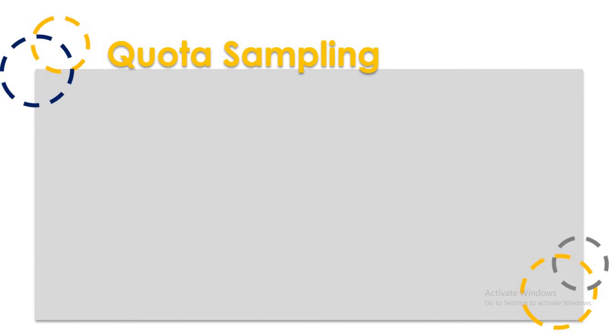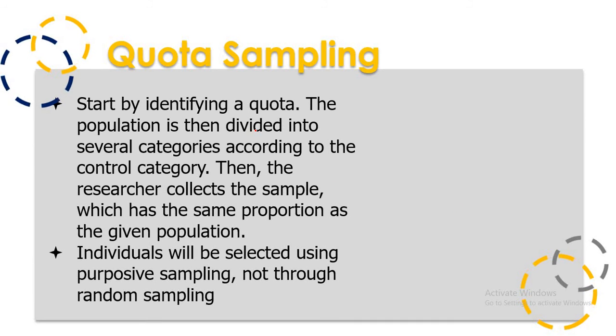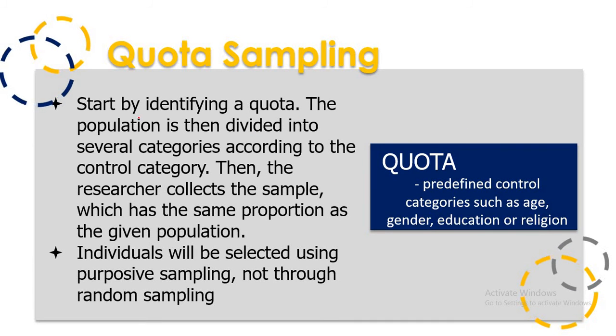Then we also have quota sampling. This is similar to cluster sampling, but take note that we call the groups quotas. We start by identifying a quota or a group. The population is then divided into several categories according to the control category. Then the researcher collects a sample which has the same proportion as the given population.